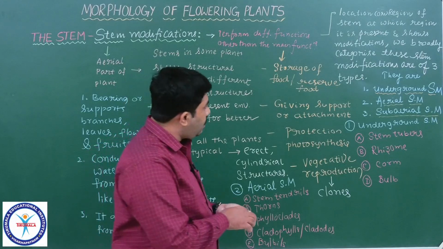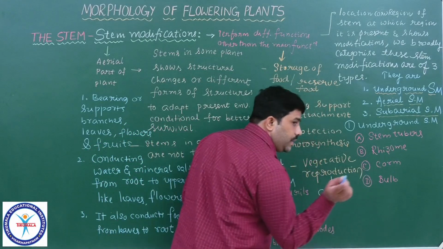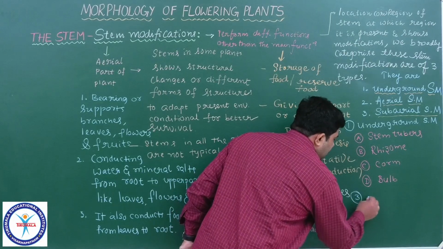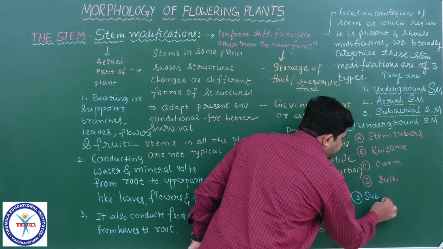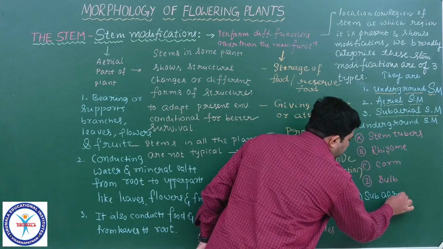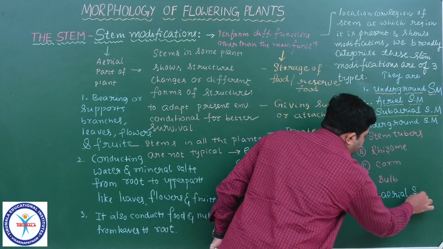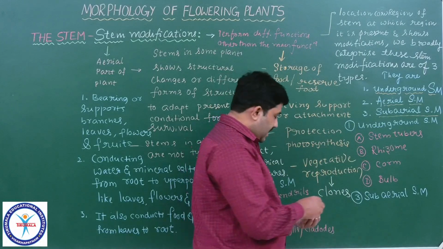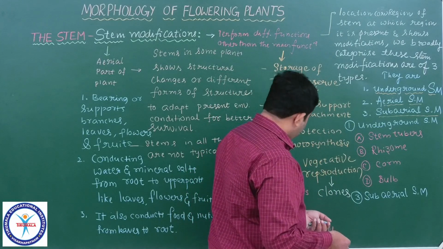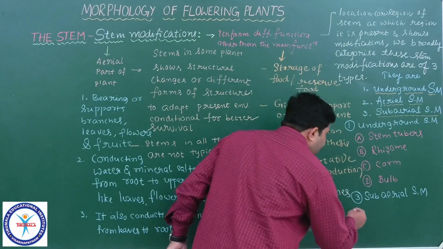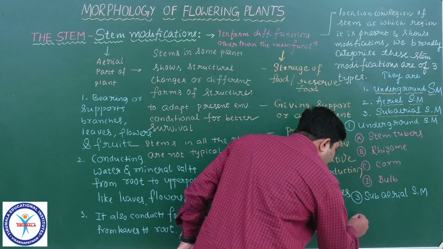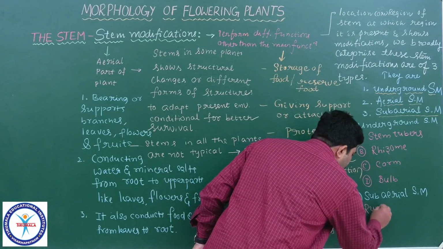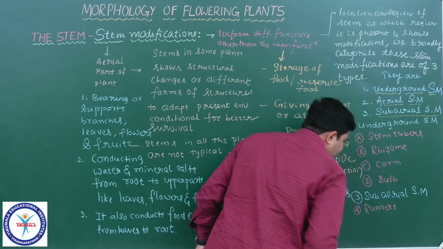Understood? The third one, I am writing here, please note this. The third one is subaerial stem modifications. Now you got the point? Different types are given in subaerial stem modifications. The first one is runners.